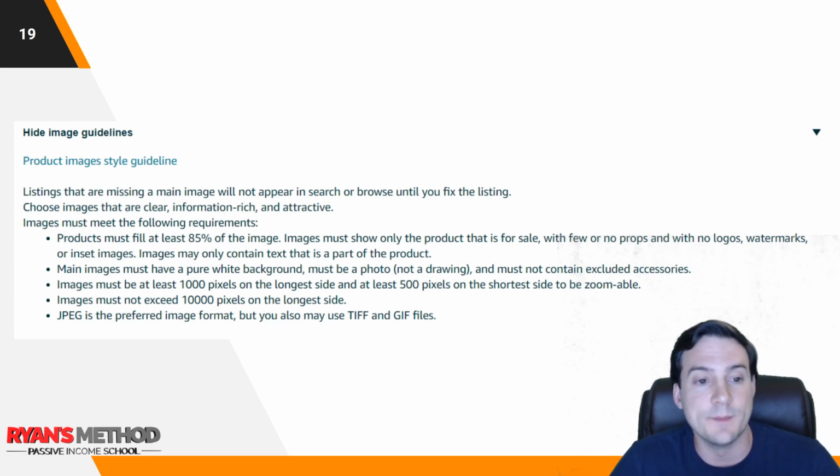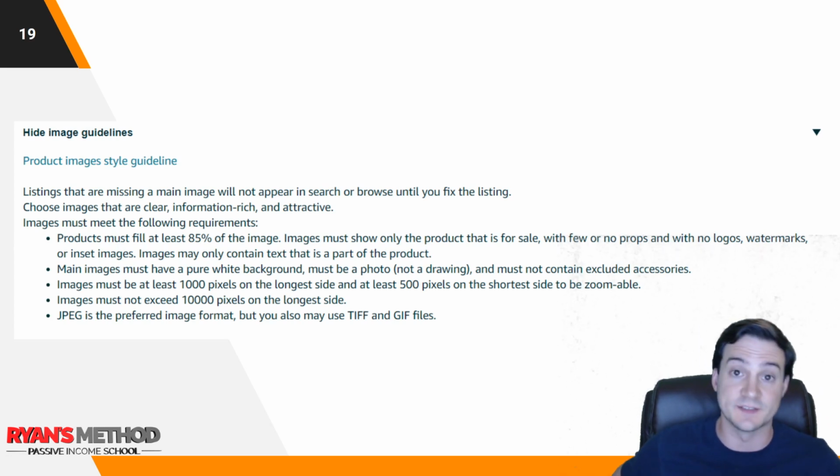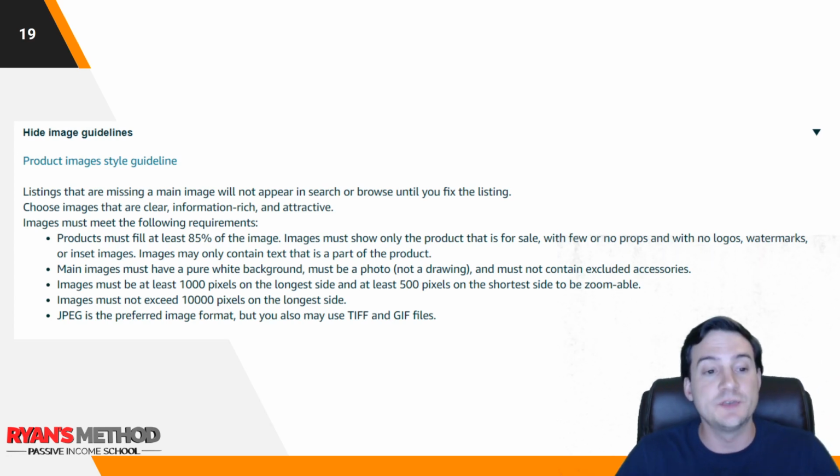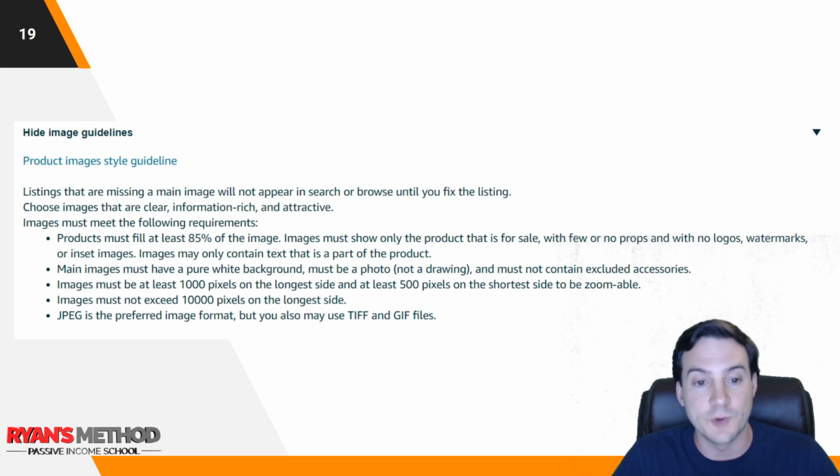All right, listings that are missing a main image will not appear in search or browse until you fix the listing. So you need at least that main image. Choose images that are clear, information rich, and attractive. Images must meet the following requirements. Products must fill at least 85% of the image. Images must show only the product that is for sale with few or no props and with no logos, watermarks, or inset images.